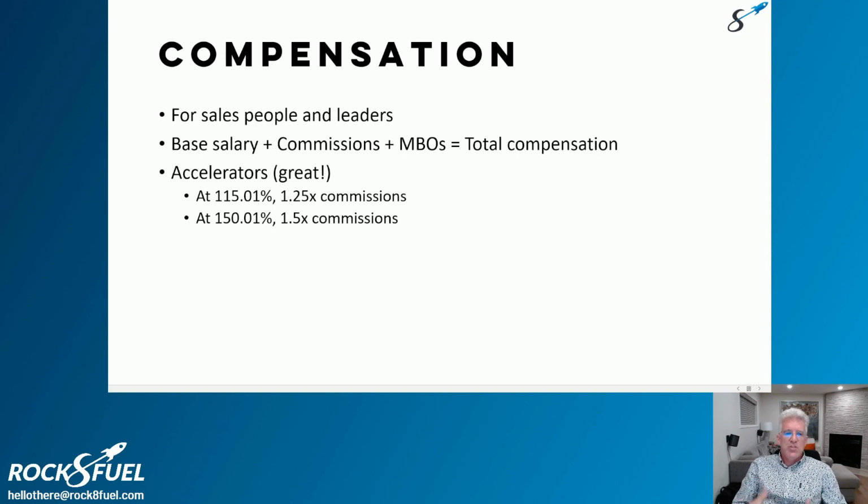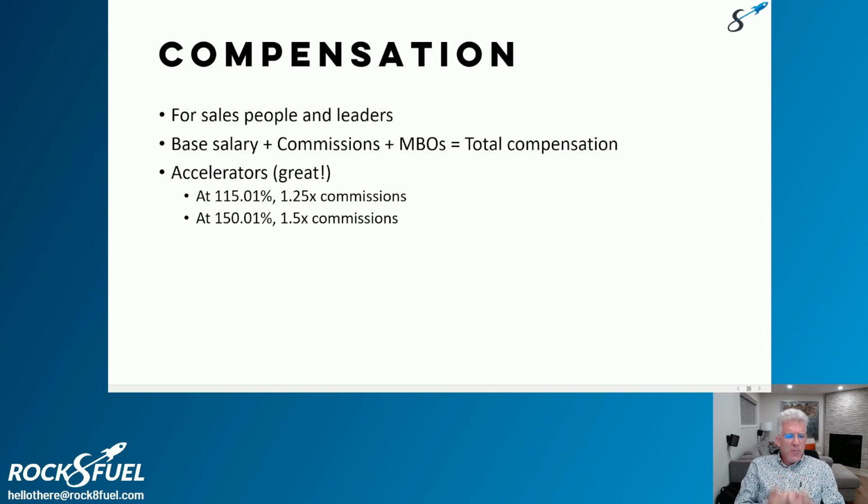Now, personally, having worked a bunch of places that used accelerators, I found this great because I could make more money as a salesperson. Or as a sales leader, if my team beats the numbers by XYZ, I make more money. You always have to bear in mind that salespeople at the core are coin operated. They're very motivated by income.